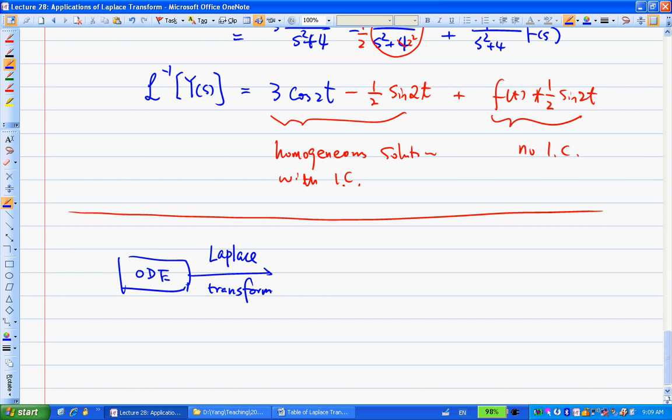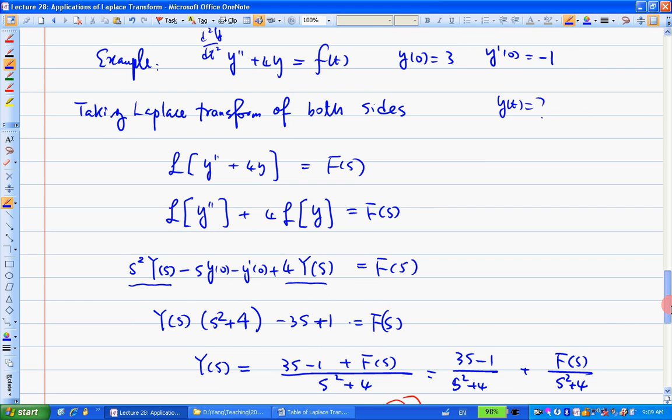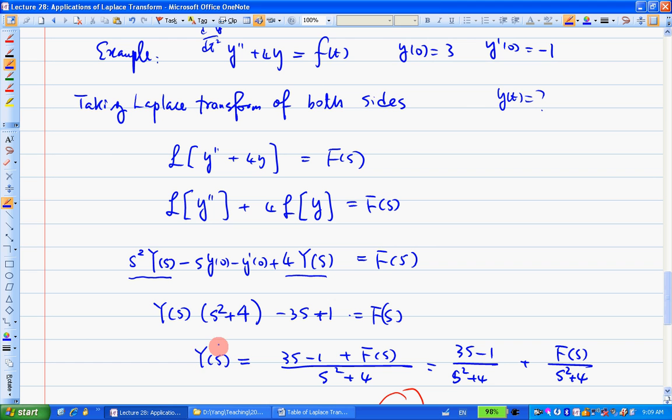After taking Laplace transform, as shown in the previous example, we change from time domain into S functions. For this step, we take Laplace transform and try to obtain an expression for this capital Y of S.